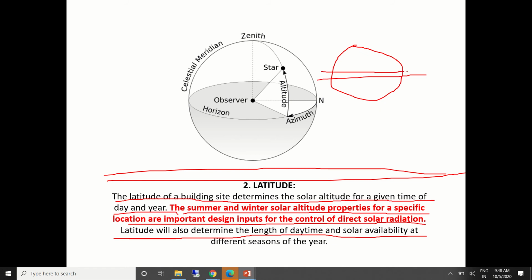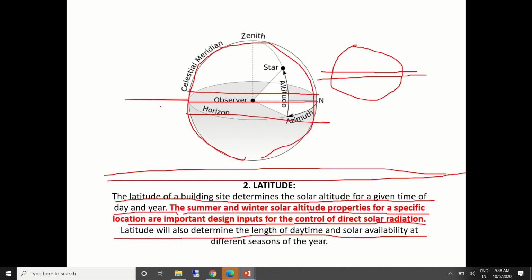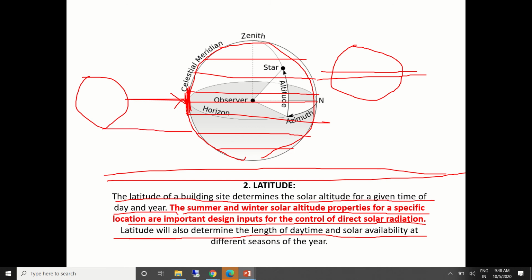So if you divide this, let us assume this is the Earth, the globe. If we see only the tropical climate, we will have direct solar radiation hitting almost in a perpendicular manner. As we go further up on the latitude, the angle of inclination decreases.